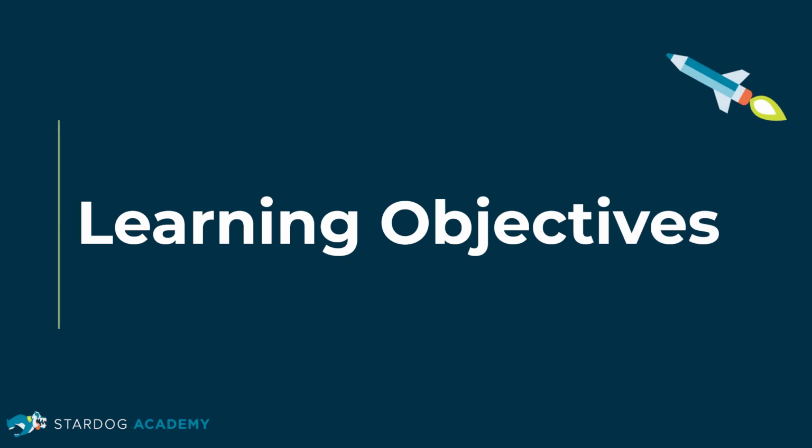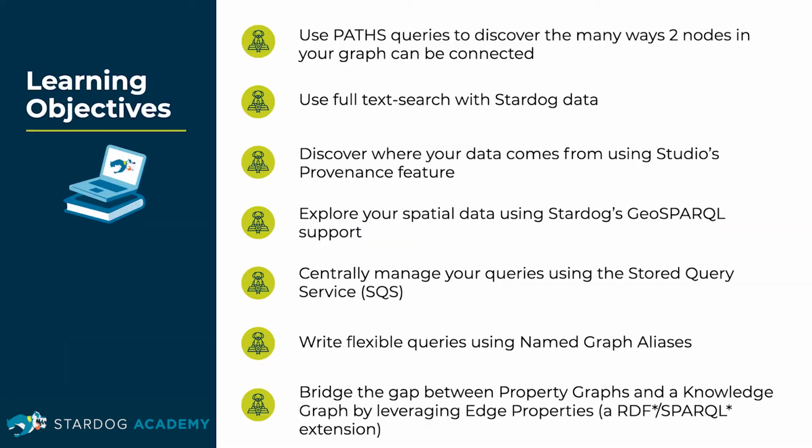That concludes the Stardog Academy training on Advanced RDF and SPARQL, where we reviewed how to use paths queries to discover the many ways two nodes in your graph can be connected. Use full-text search with Stardog data. Discover where your data comes from using Studio's Provenance feature.